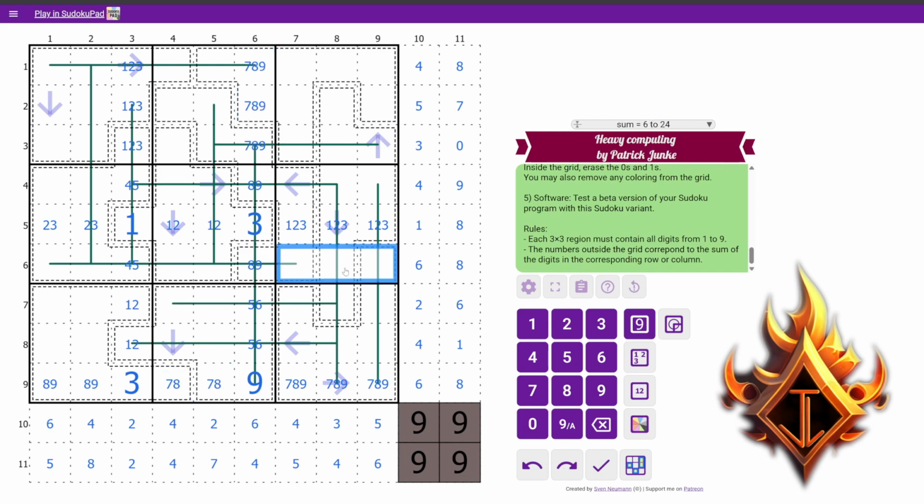If this is 7, 8, 9, and 6, 7, 24 plus 13 is 37, plus 17 is 54, and then I need 14, which is 9, 5.